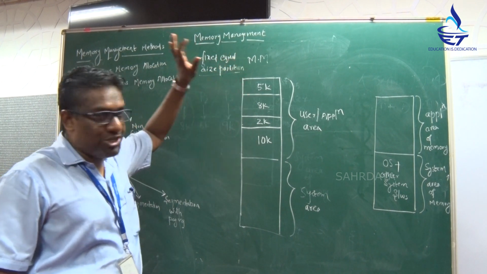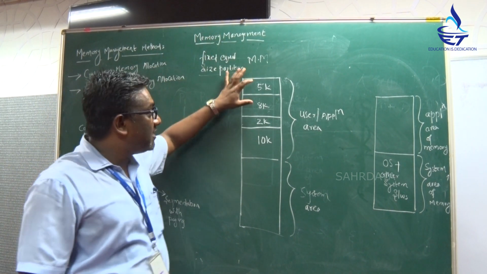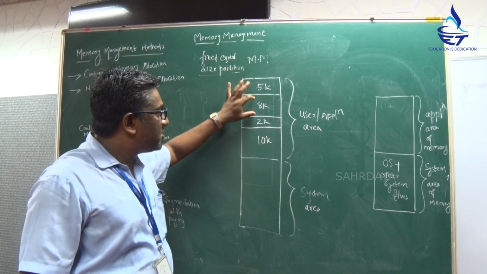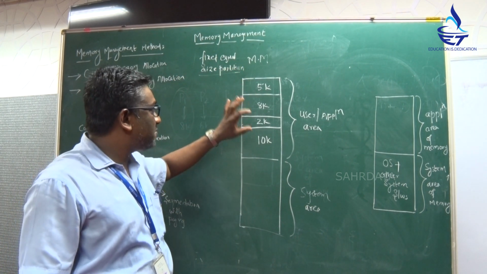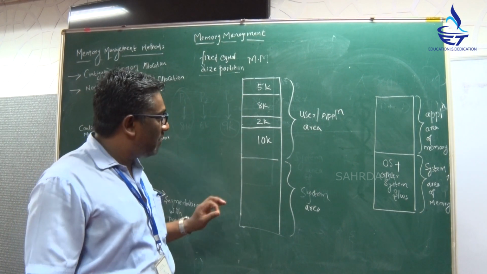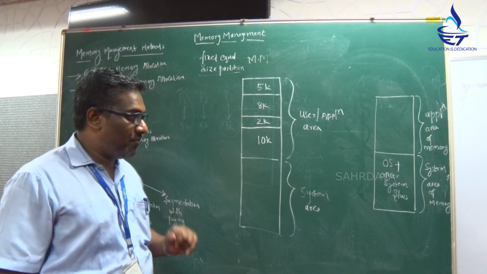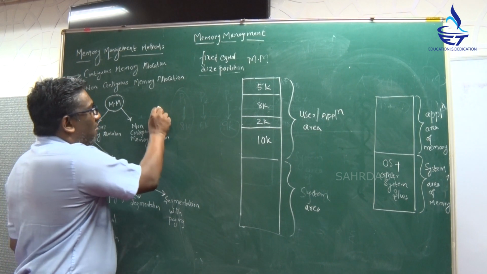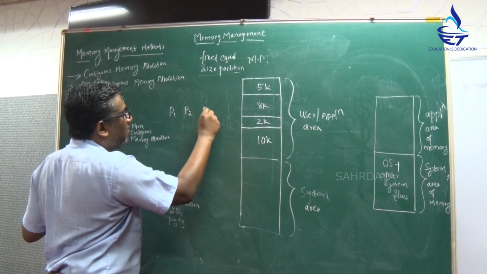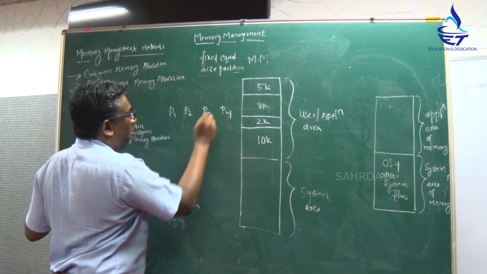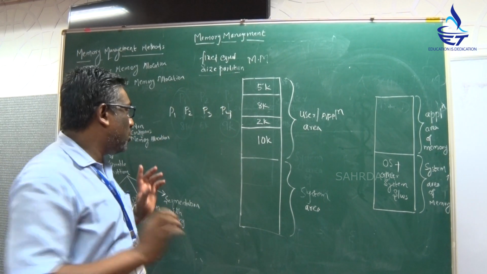So the size of the first memory block is 5K. The size of the second is 8K. The size of the third is 2K. The size of the fourth one is 10K. Again, we have 4 processes P1, P2, P3 and P4 in the secondary storage device.